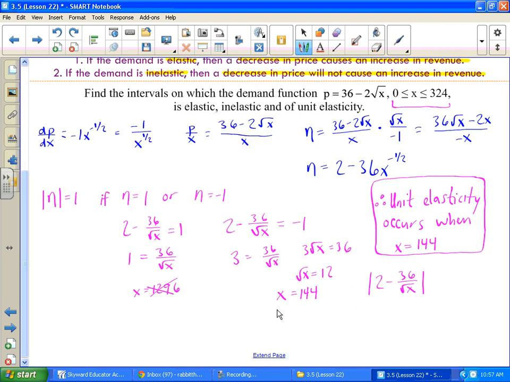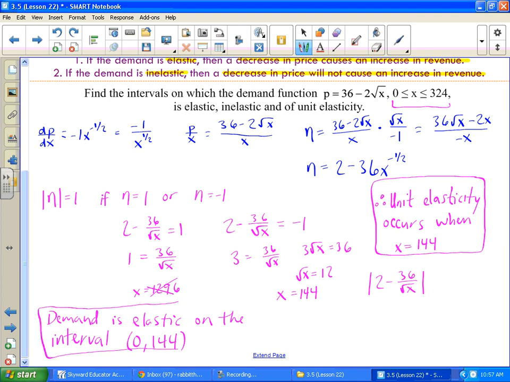Okay, so I'm going to say demand is elastic on the interval 0 to 144. And I suppose we can't really include 0 though, can we? Because we couldn't plug it in, so I'm just going to go like this. And we don't want to include 144 because 144 is unit.